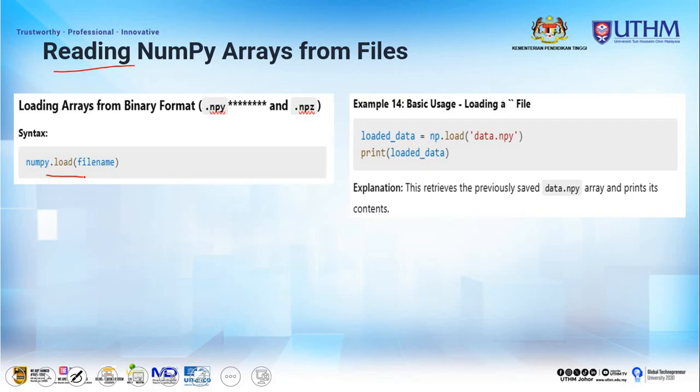Just now we saved the file name as data.npy, right? The first example. So we load the file with np.load, load data.npy, print loaded data. This retrieves the previously saved data.npy data and prints the content, because it's print.